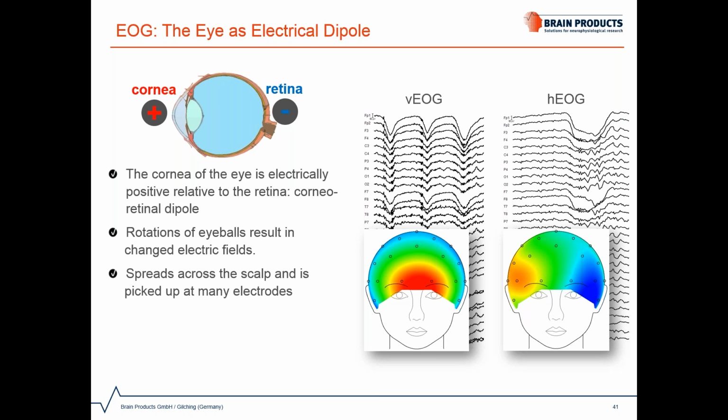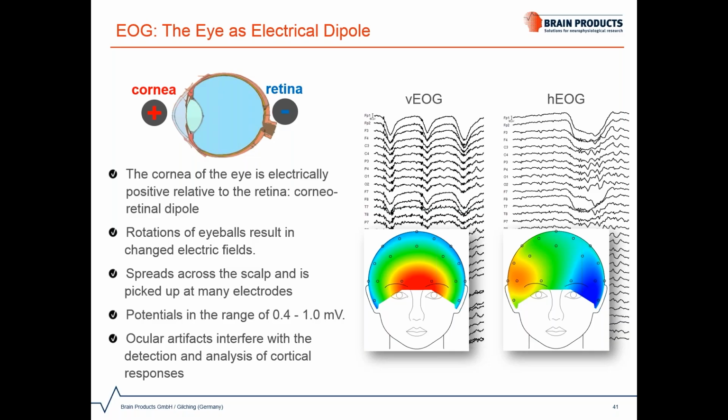Ocular artifacts have a much bigger voltage range and thus interfere with the detection and analysis of cortical responses of interest. There are two main components of the ocular artifact, a vertical and a horizontal component, and you can see them here on the right. The vertical or VEOG activity is characterized by bell-shaped deflections and has this rather central, also bell-shaped structure in the topography.